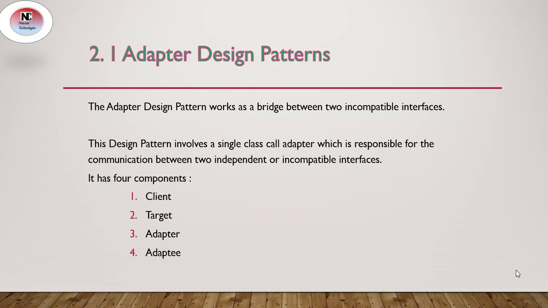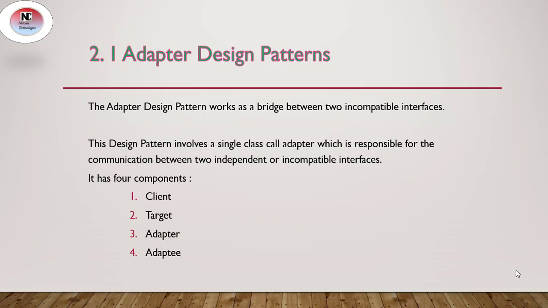Target. It is an interface, and this interface needs to be implemented by the adapter, and the client can see only this interface. Adapter. This is a class which makes two incompatible systems work together. The adapter class implements the target interface and provides the implementation for the service A method.